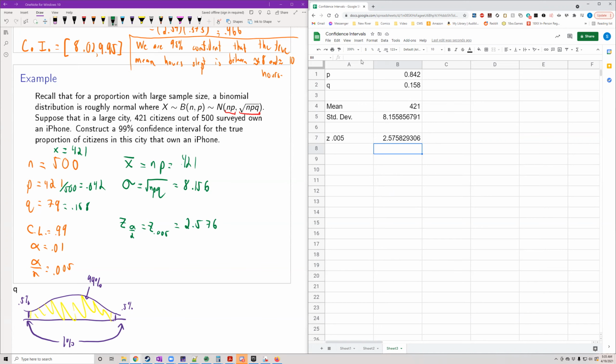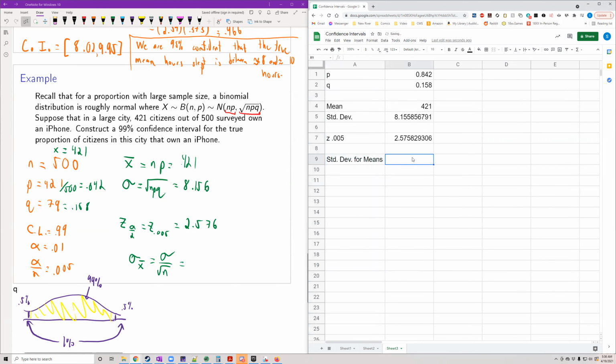We'll need the actual standard deviation for the distribution of means, which is, once again, the original divided by root n. So that will be standard dev for means equal to the calculated one divided by the square root of our sample size, 0.3647.